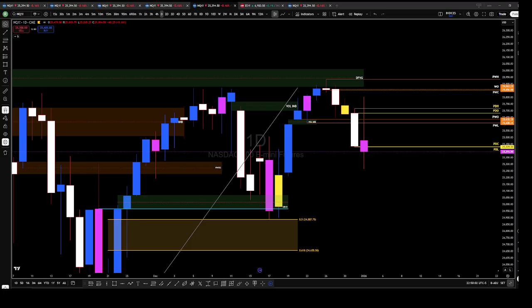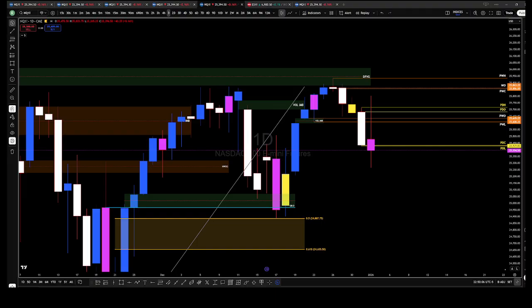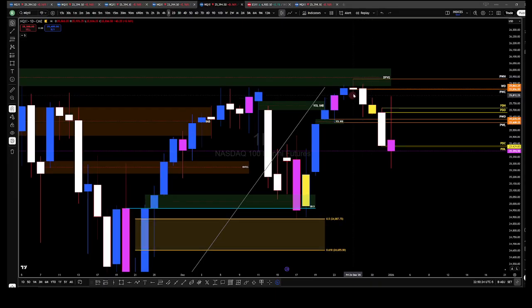ICT talks about a lot of the quadrants and how the market tries to fill those imbalances or fair value gaps.